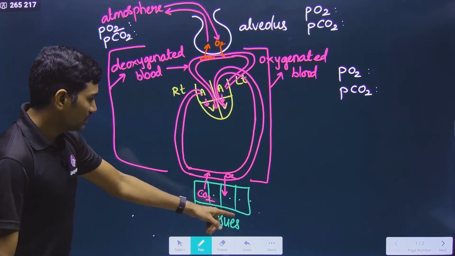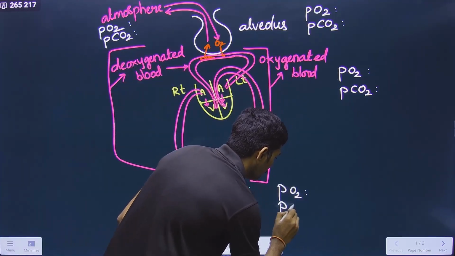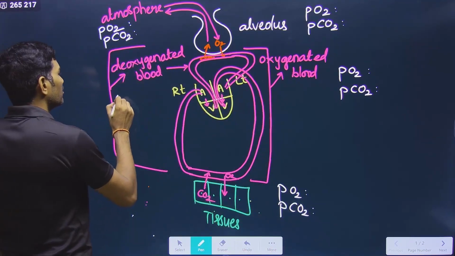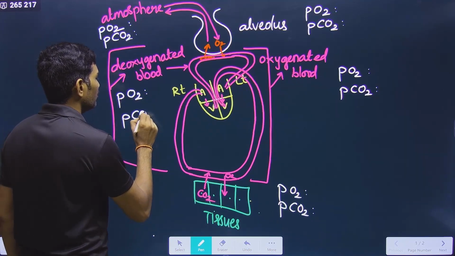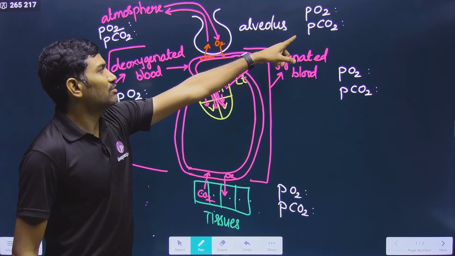That also we need to write. And in the tissues, what is the partial pressure of oxygen and of carbon dioxide? That also we need to write. In the deoxygenated blood also, what is the partial pressure of oxygen and of carbon dioxide? So generally how are we writing? In the NCERT they give a small p.